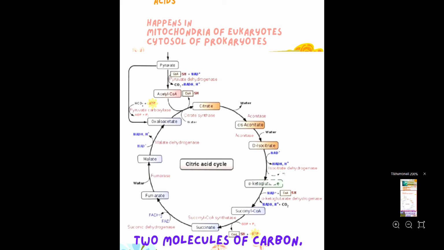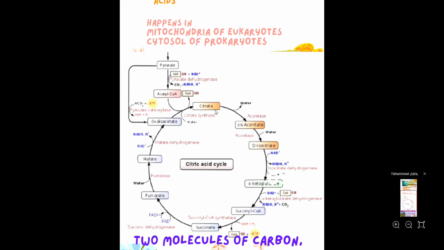For the next step, acetyl-CoA combines with oxaloacetate to form citrate.